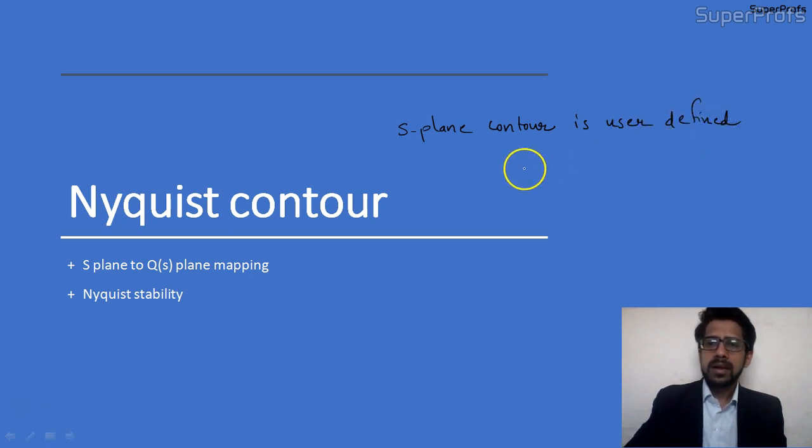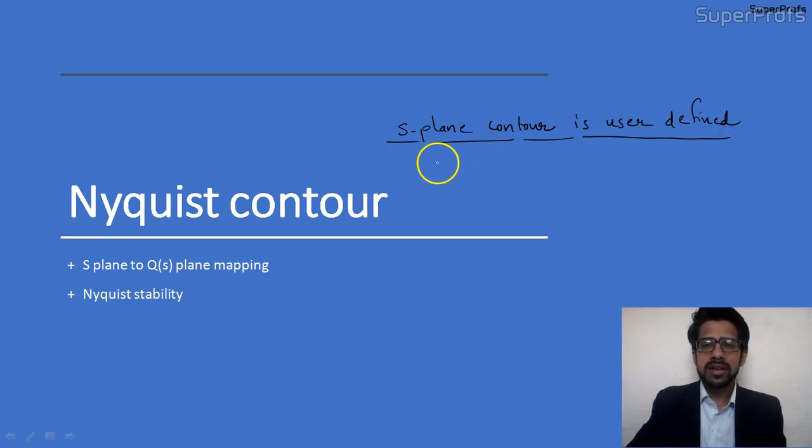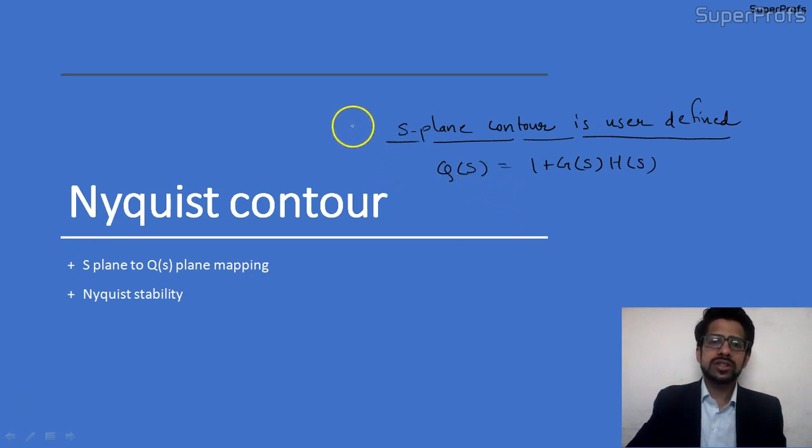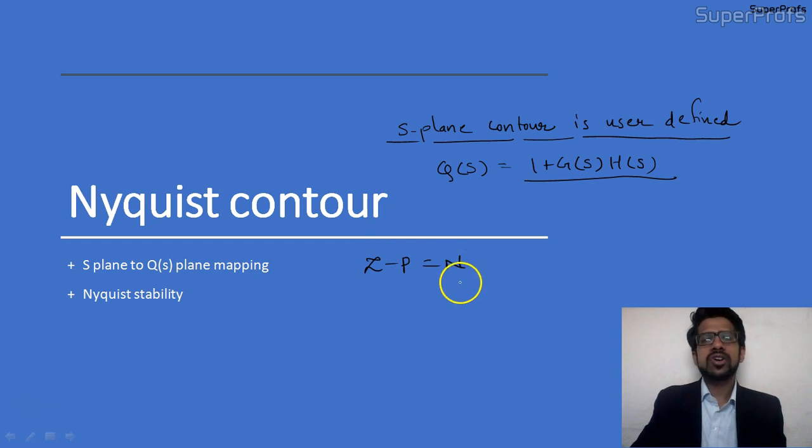So Nyquist actually designed such a contour so that we could find the closed loop stability of Q of S equal to 1 plus G of S H of S. Nyquist chose such an S-plane contour so that we will be able to find out the stability for 1 plus G of S H of S. As we already know, Z minus P is equal to N according to the principle of argument.